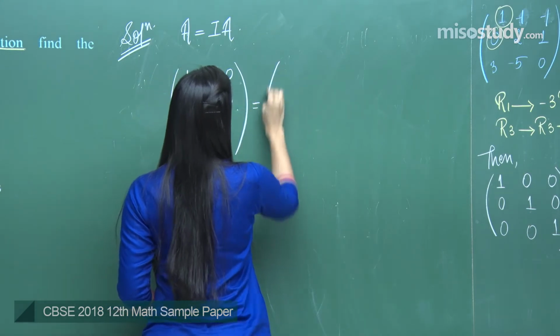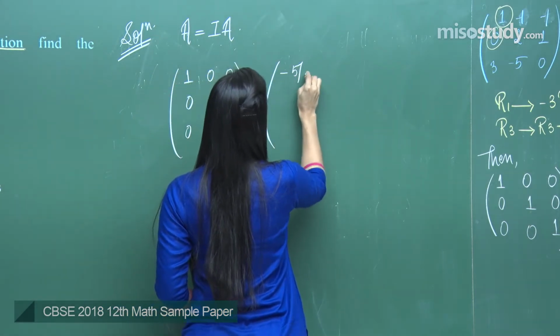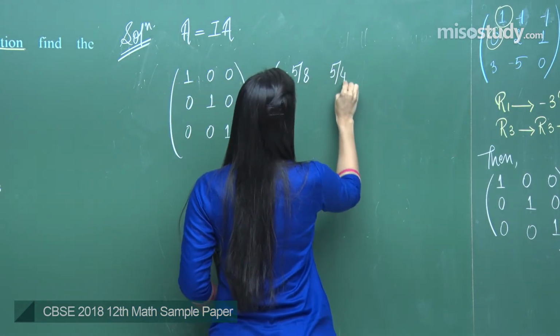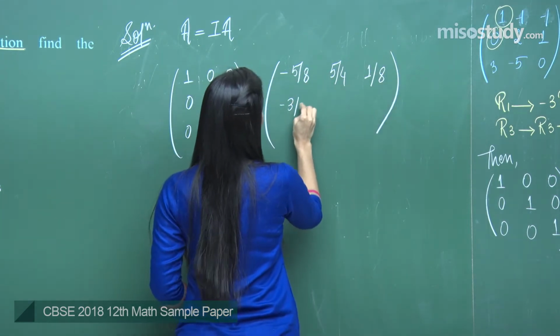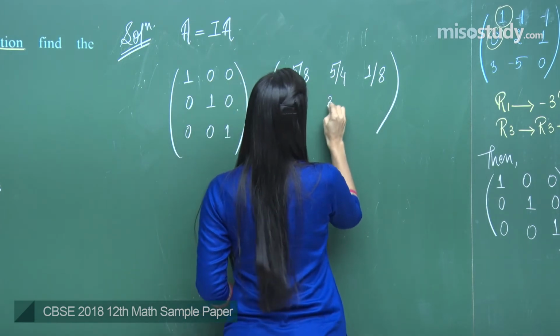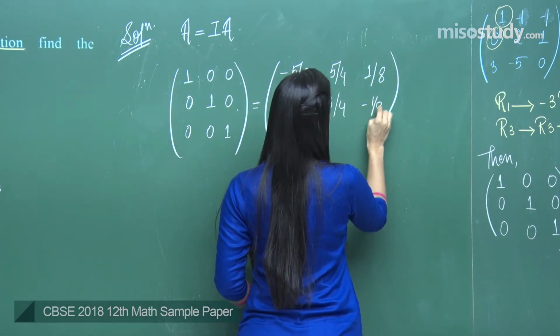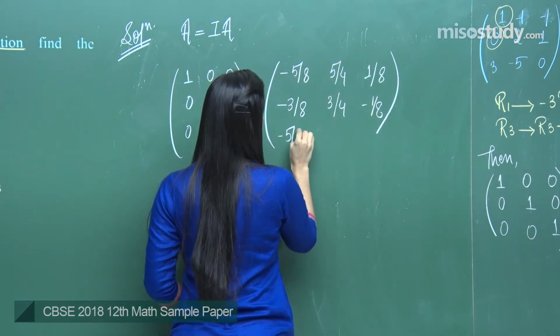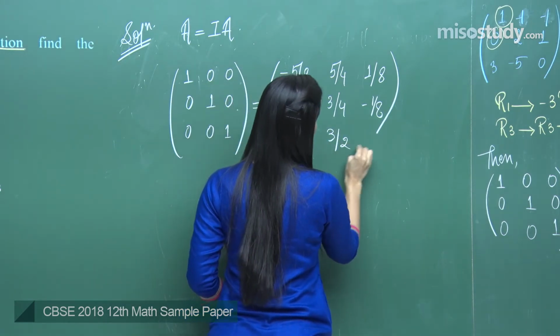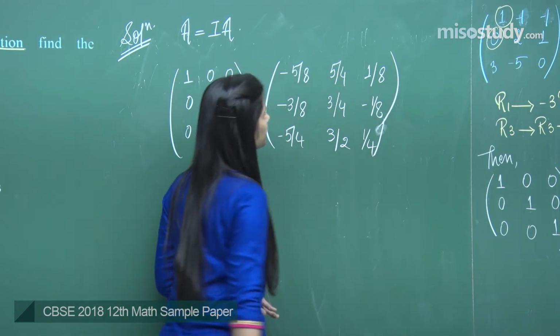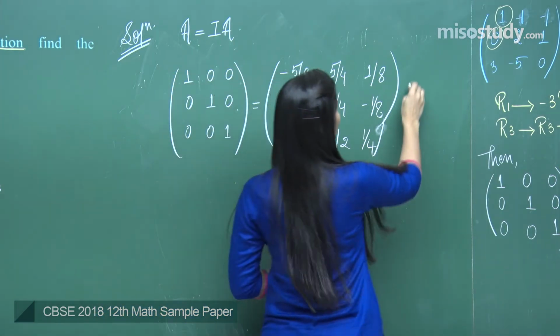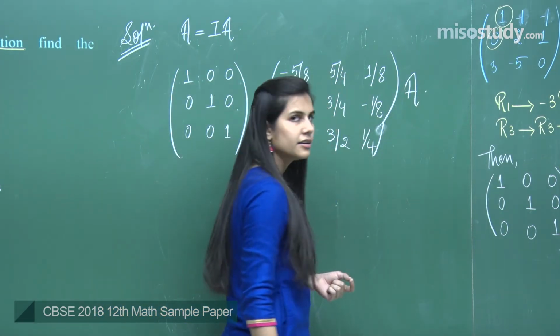You're going to get, this is going to come out to be minus 5 by 8, 5 by 4, 1 by 8, minus 3 by 8, 3 by 4, minus 1 by 8, minus 5 by 4, 3 by 2, and 1 by 4. This into your matrix A.